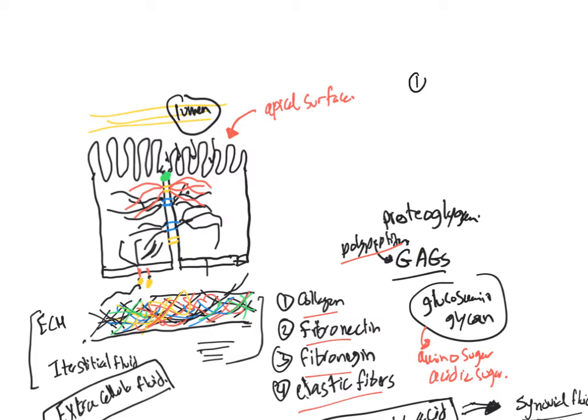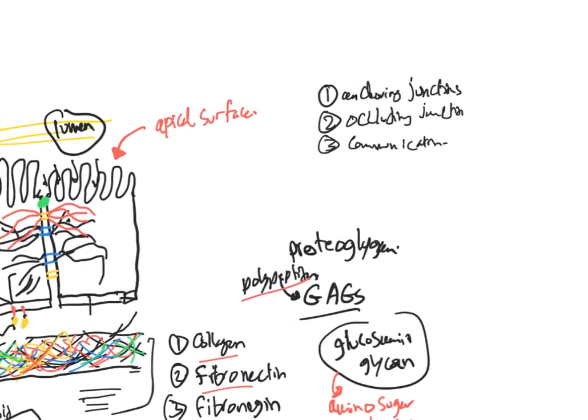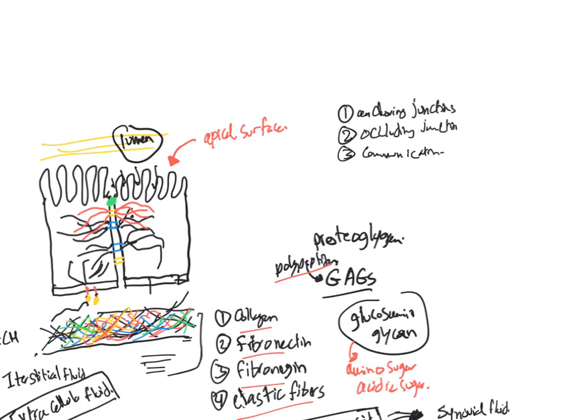One, anchoring junctions; two, occluding junctions; and lastly, communication junctions. For the anchoring junctions, there are four components.